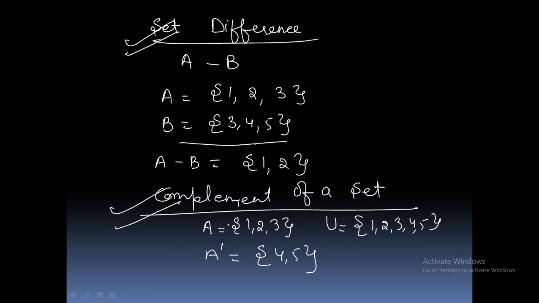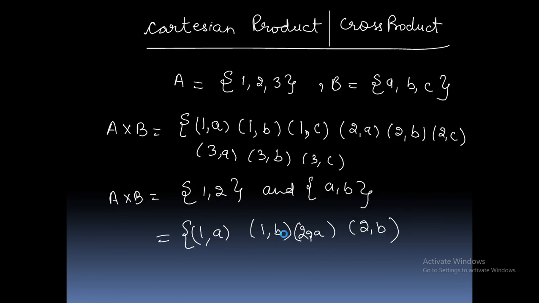Now next is complement of a set. A set is given 1 2 3, universal set is given 1 2 3 4 5. You can see A's complement will be 4 5, because 1 2 3 is present but 4 5 is not here. So that's why A's complement will be 4 5.